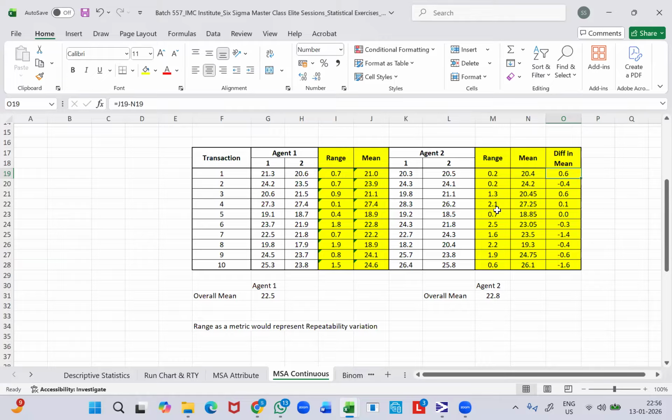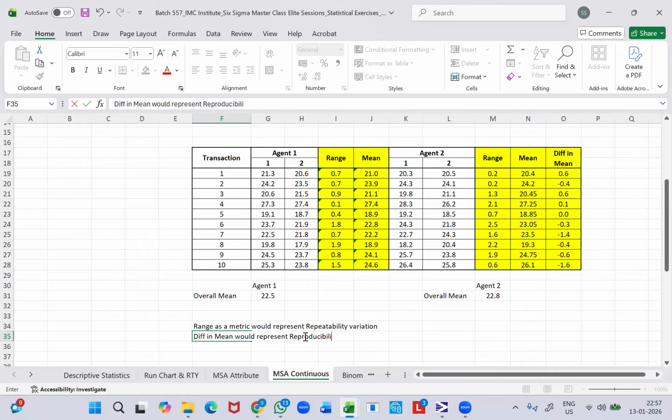So the differences in mean as a metric here would represent reproducibility variation. So this is the clarity that we need to have at the beginning. Now, what is the overall differences in mean?